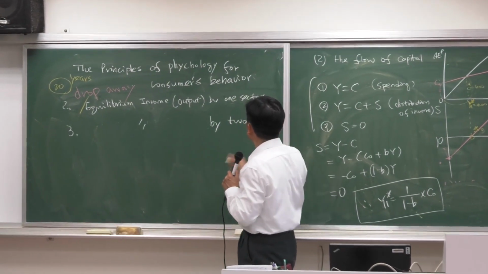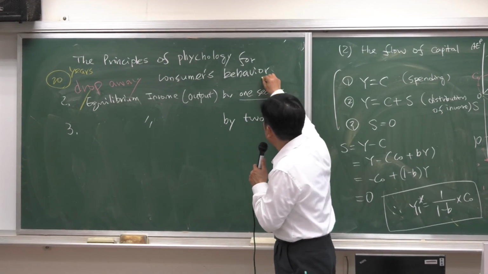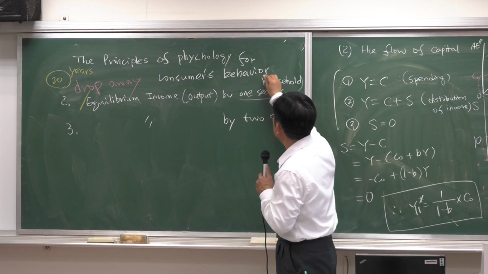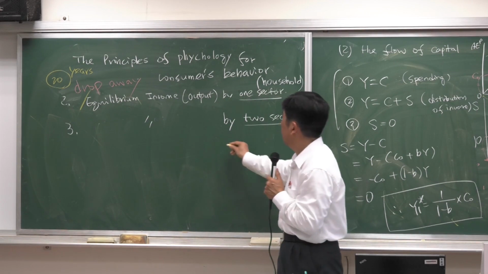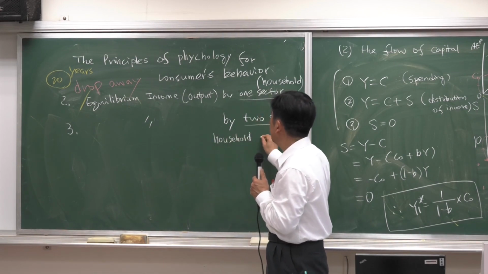Okay, two sectors. This is one sector. It represents only the household. But the two sectors represent households and the firm.